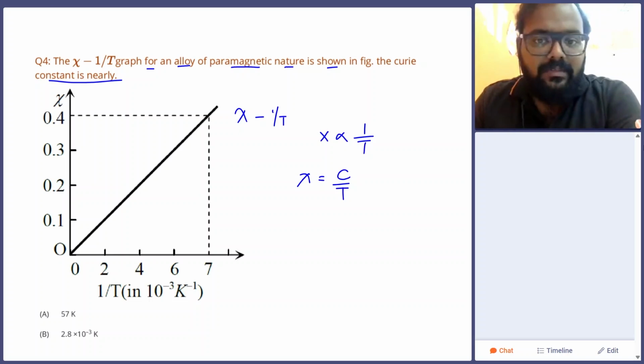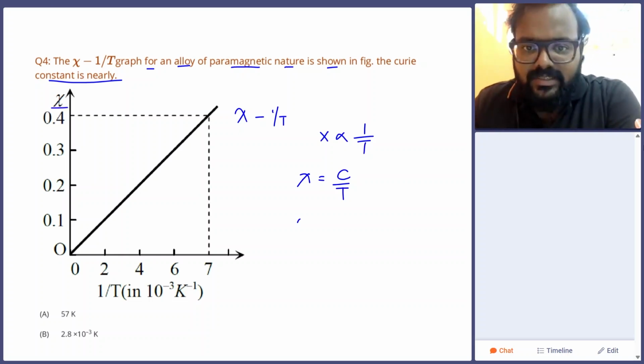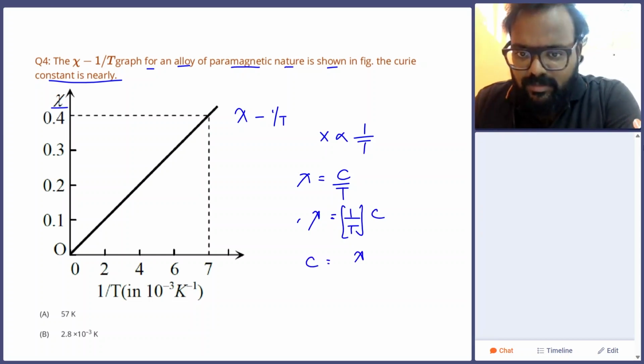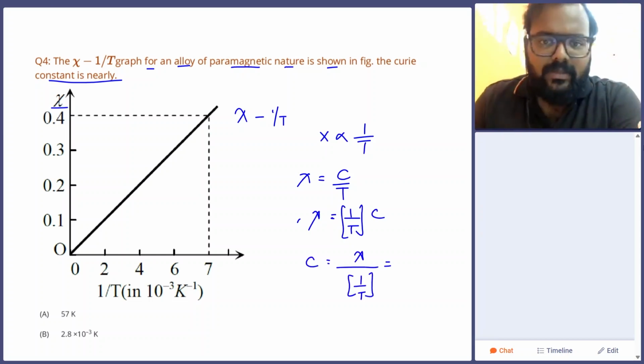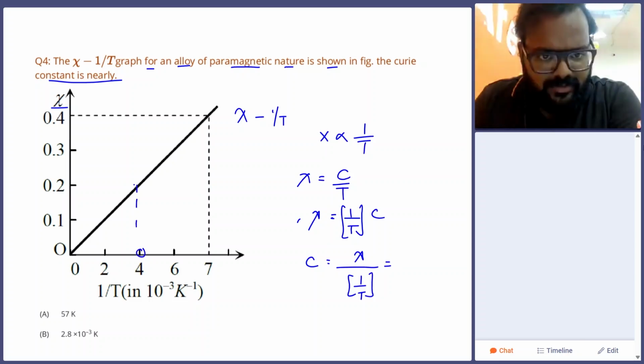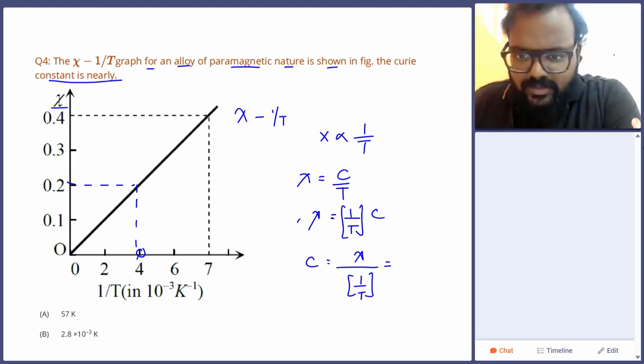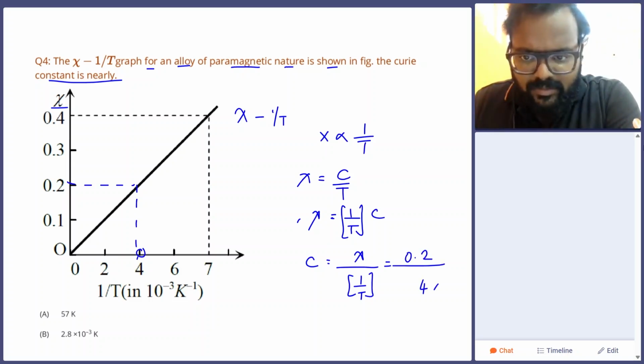Now this graph is not relating susceptibility with temperature, it's directly relating susceptibility with 1 by T. So C will become susceptibility over 1 by T. You can pick any of the points, let's pick this 4. So when this is at 4, susceptibility is 0.2. 0.2 divided by 4 into 10 to the power minus 3.